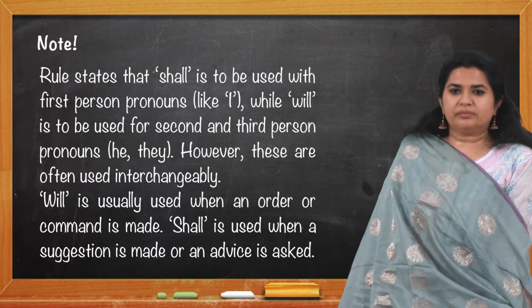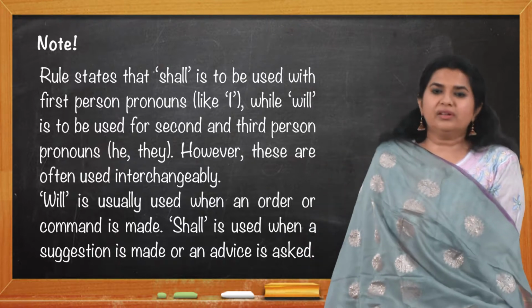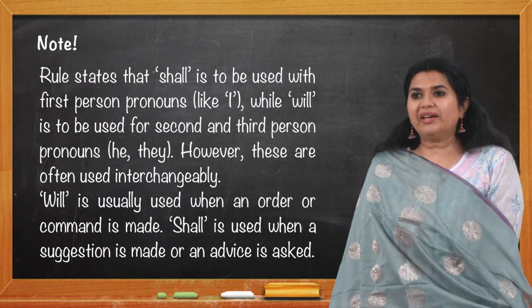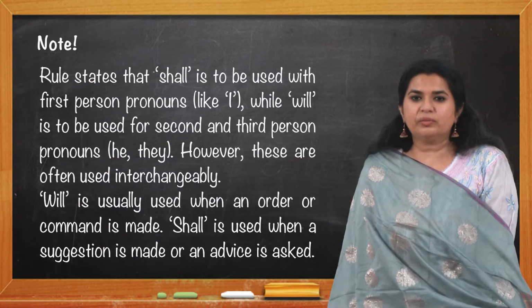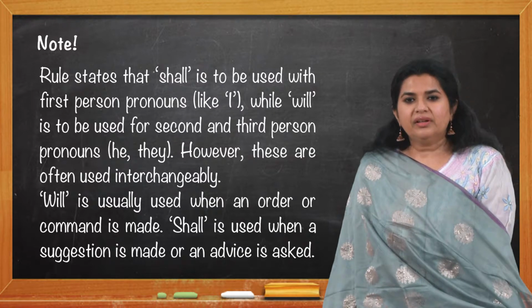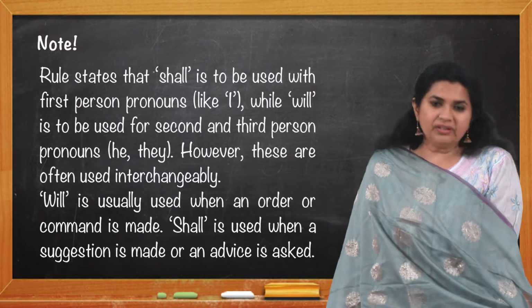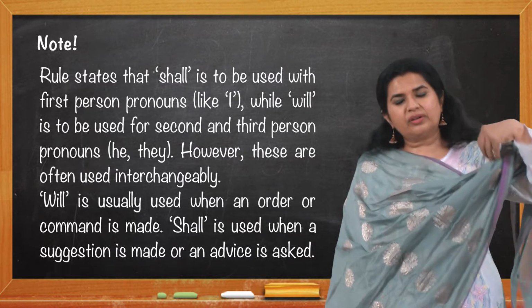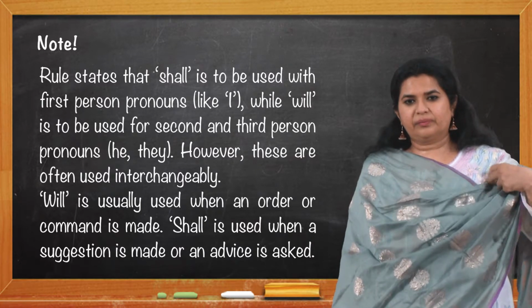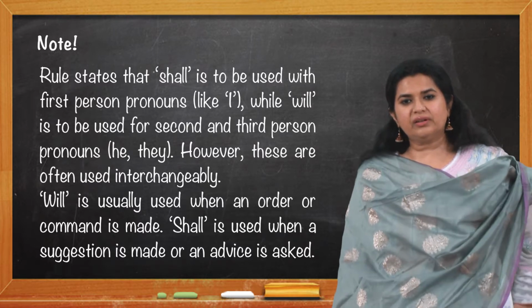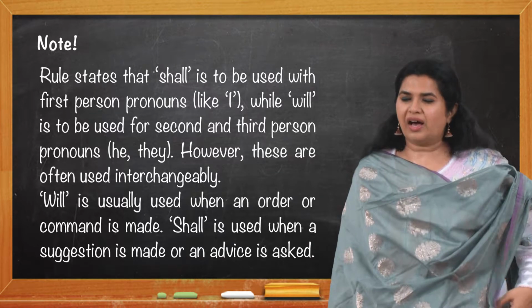Also note that the rule states that shall is to be used with first person pronoun like I, while will is to be used for the second and third person pronouns, he, they. However, these are often used interchangeably. Will is usually used when an order or command is made, thy will be done, and shall is used when a suggestion is made or an advice is asked.